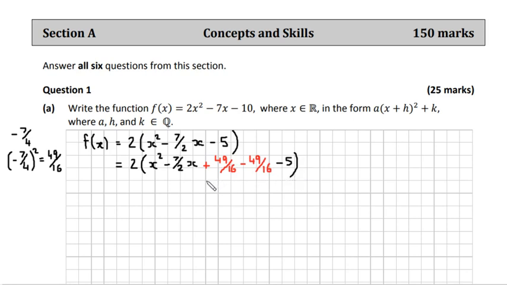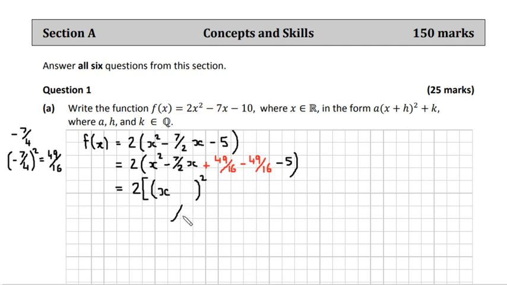Now, the first 3 terms of this are going to be a perfect square. So what that perfect square is going to be is this. Put your 2 in first, and it's going to be a perfect square like this. Because it's x squared, the x is going to go here, and the number that goes here is going to be whatever you got when you halve the coefficient of x.